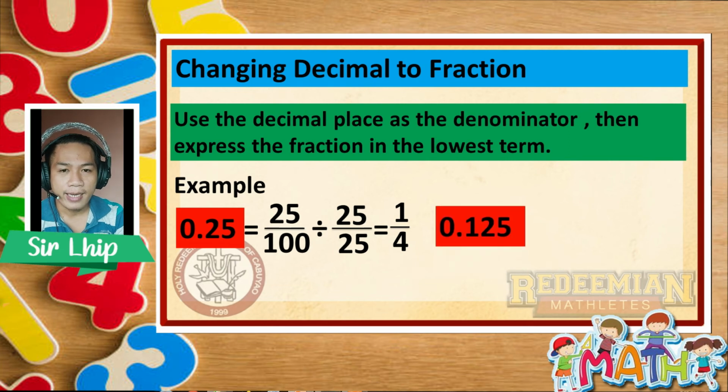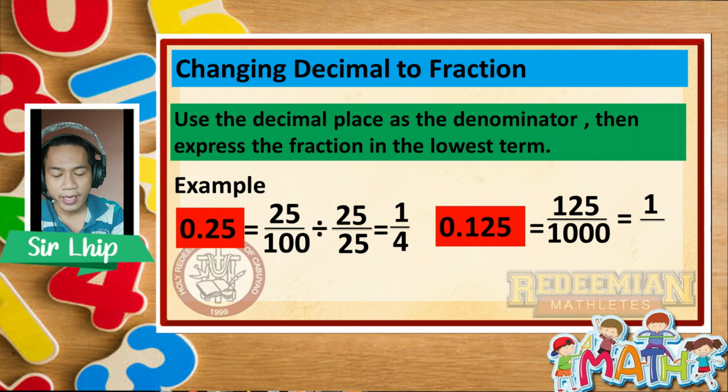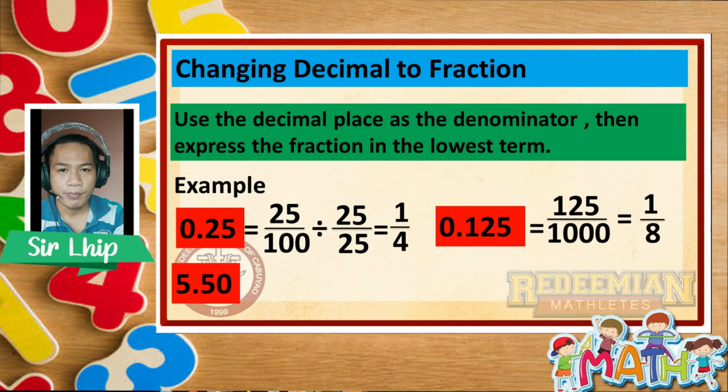0.125 or 125 thousandths. 125 over 1,000 because the place value is thousands. If we simplify this, it is 1 over 8. 5 and 50 hundredths or 5.50 equals 5 and 50 over 100.